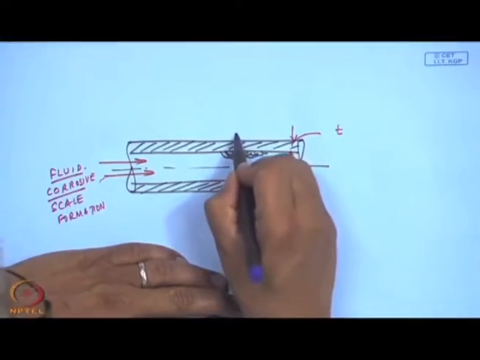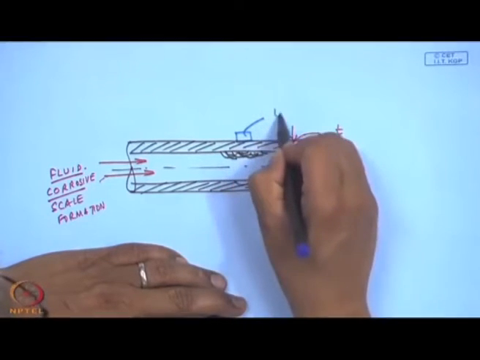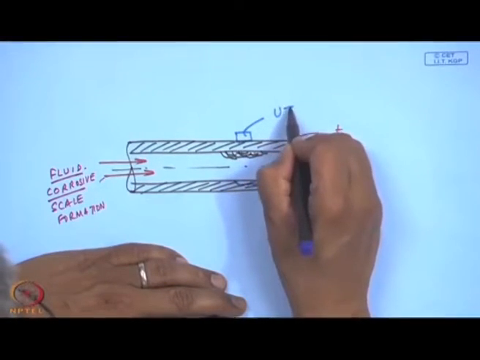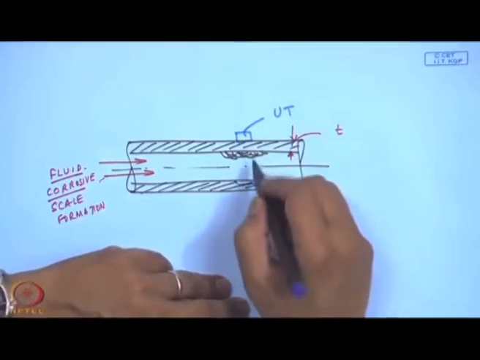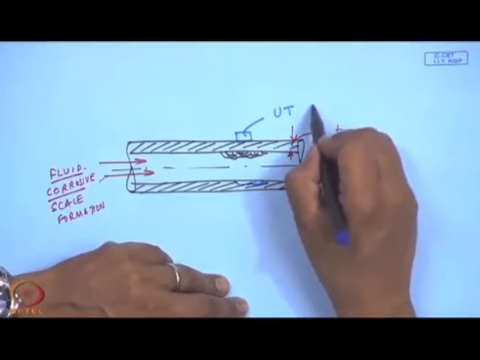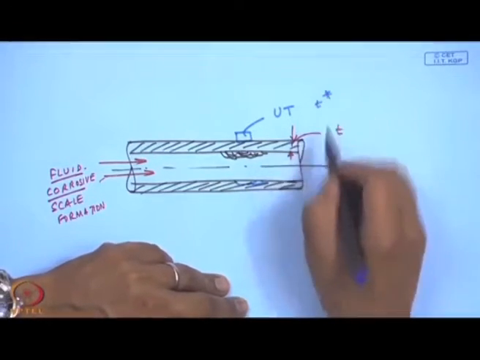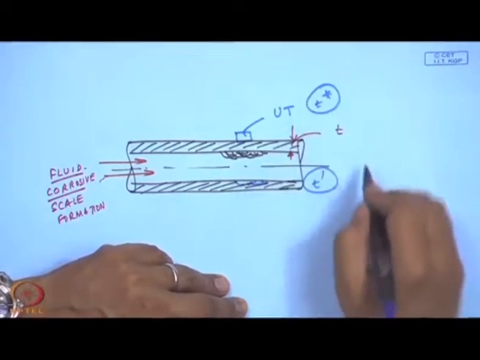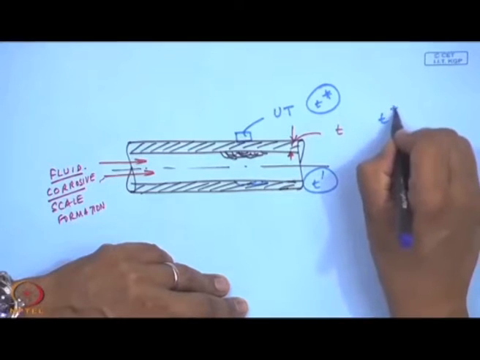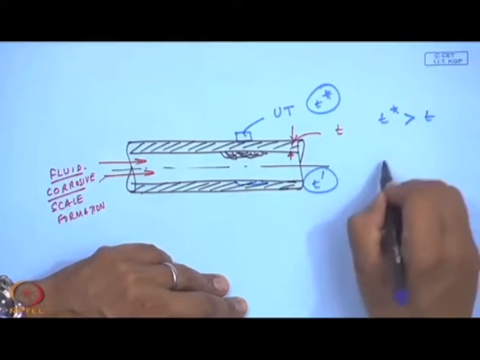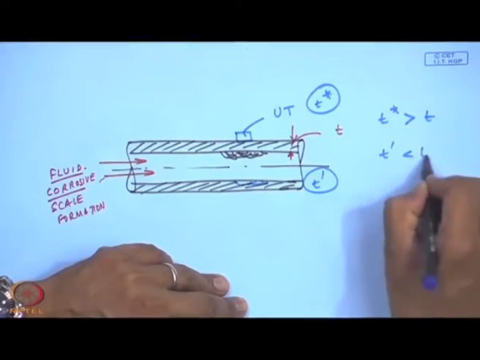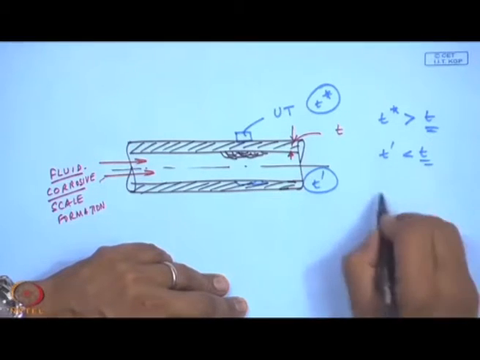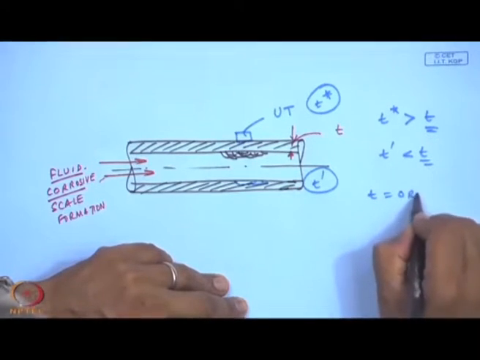So, from the outside, if I put such ultrasonic probes, which I am writing as UT, and try to measure the new thickness T star or T dash, these thicknesses will be, in one case T star is greater than T, in another case T prime is less than T, where T is my original thickness.